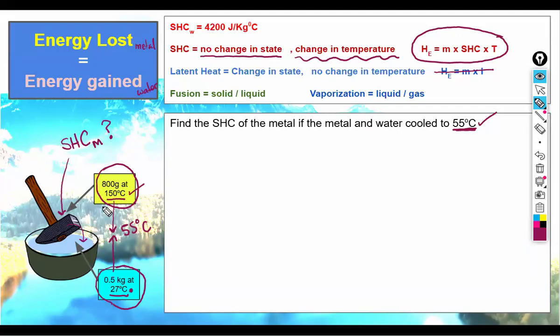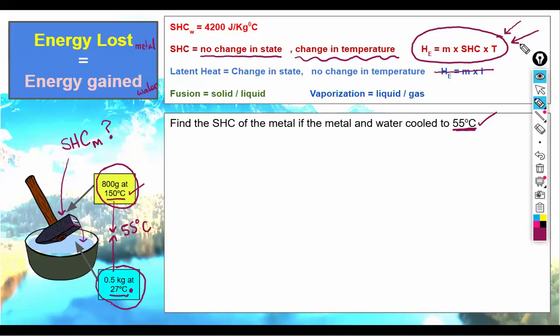So here's what I want you all to take a try now. Take it from here. Create an equation that tells you how much energy the metal is losing. I'm giving you a hint, it's this formula. And put it equal to the amount of energy the water is gaining using the same formula.